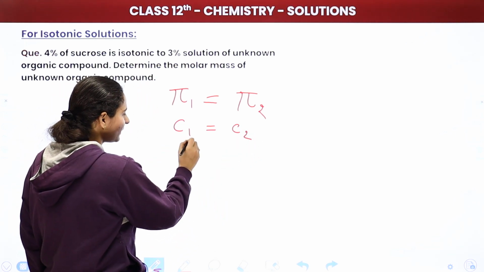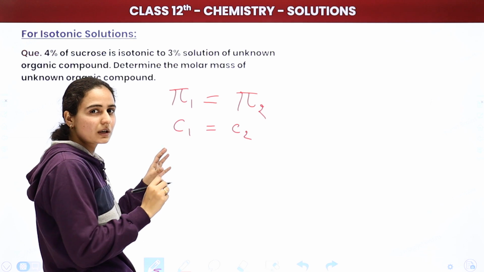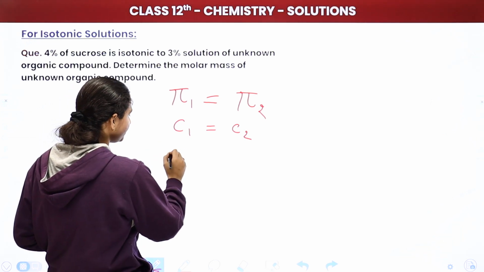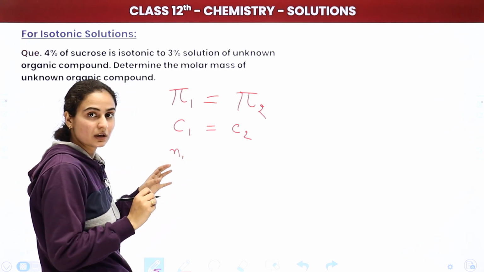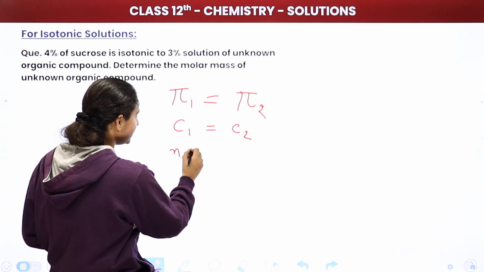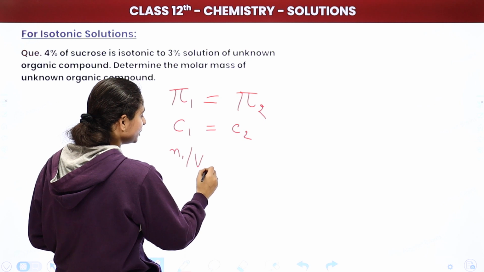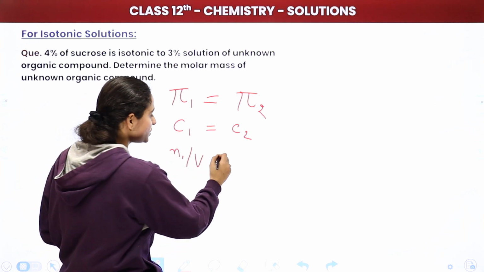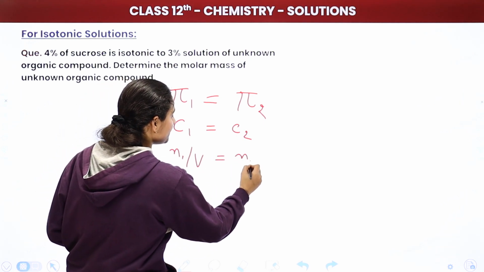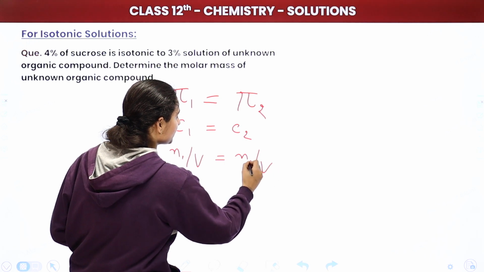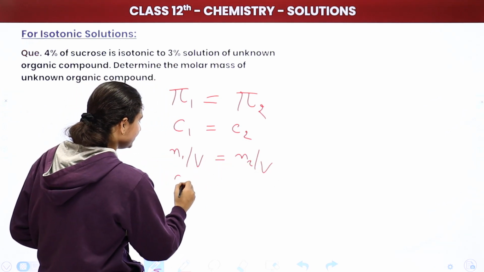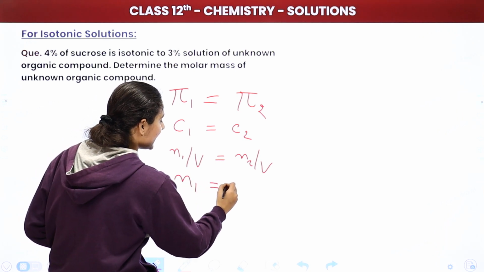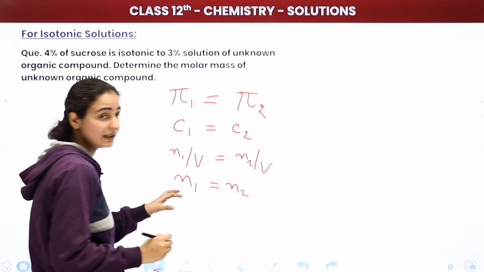And if we come to the formula here, number of moles N1 divided by volume, I am assuming the volume of both is the same. So here the volume will get cancelled and we will only be left with N1 equals N2.